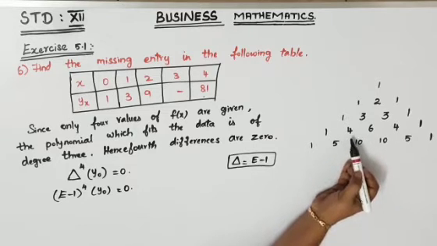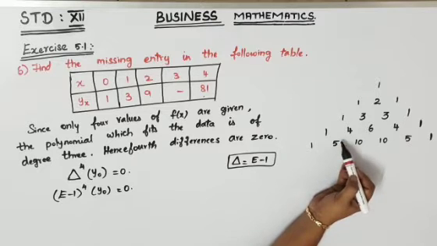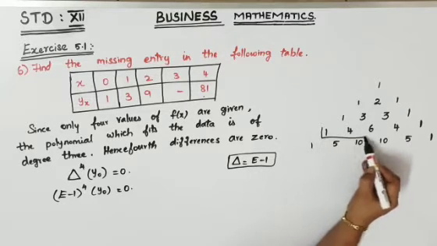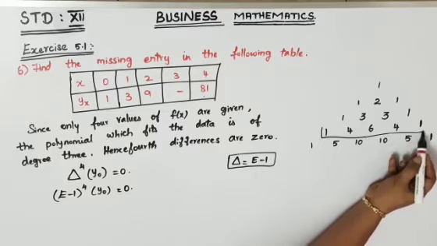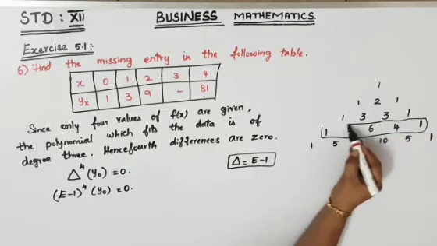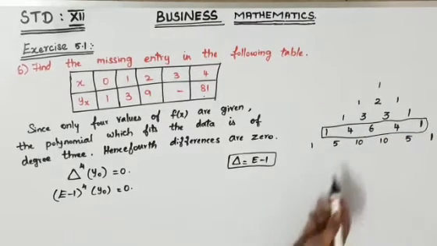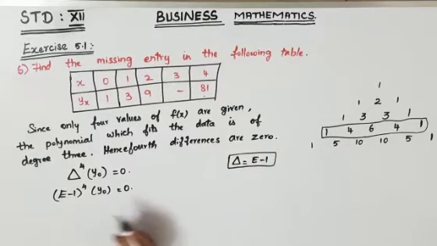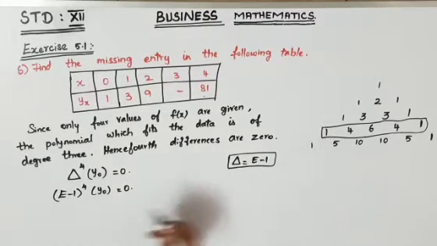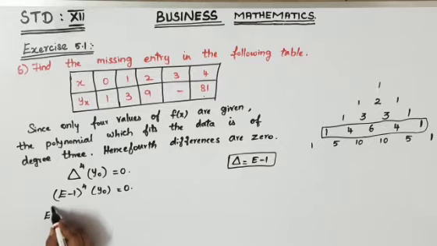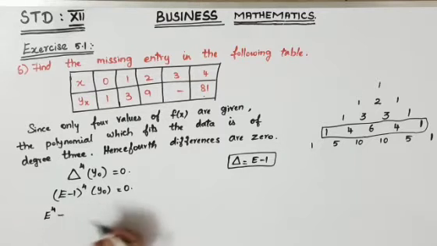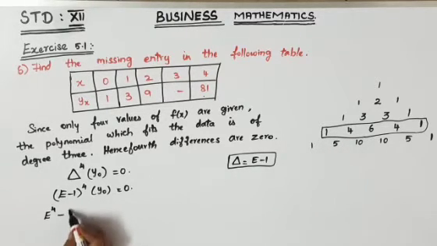Now in between we have to insert alternating plus and minus signs. In this line, this is your (e minus 1) the whole power 4, and this is called Pascal's triangle. So we will use these values here. It is 1 there. So we can write it as e power 4 minus, we have got 4 here, so 4 e power 3.